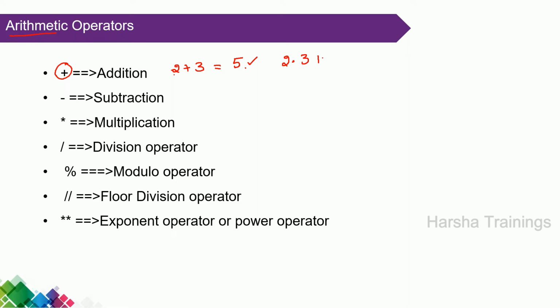Suppose 2.3 + 5.2, the answer is 7.5. If both are real, the answer is real. For example, 2.0 + 3, the answer is 5.0. One is floating and the other is an integer, so obviously the answer is floating.